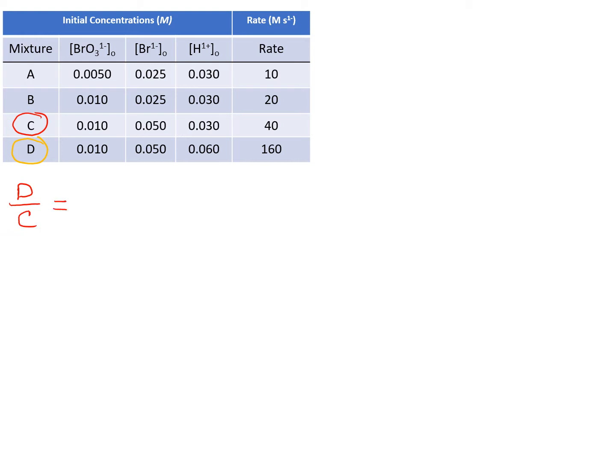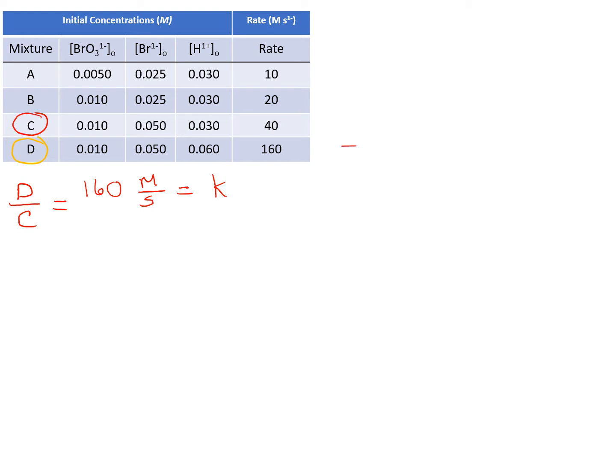Then we're writing our rate for D, which is 160 molar per second. So I'm going to write big M over S equals K, and then our concentration, actually I want the actual value of the bromate.